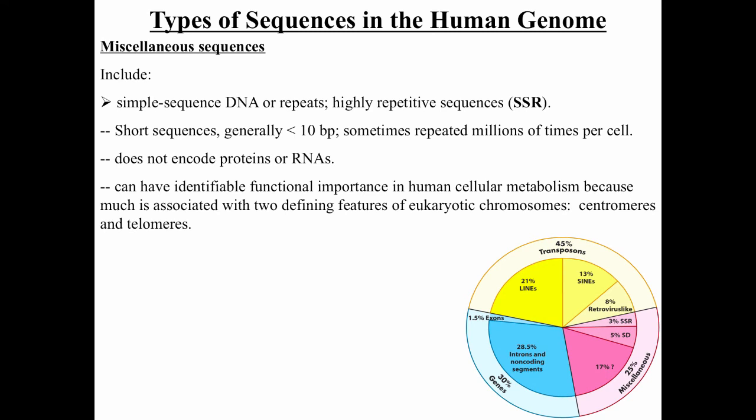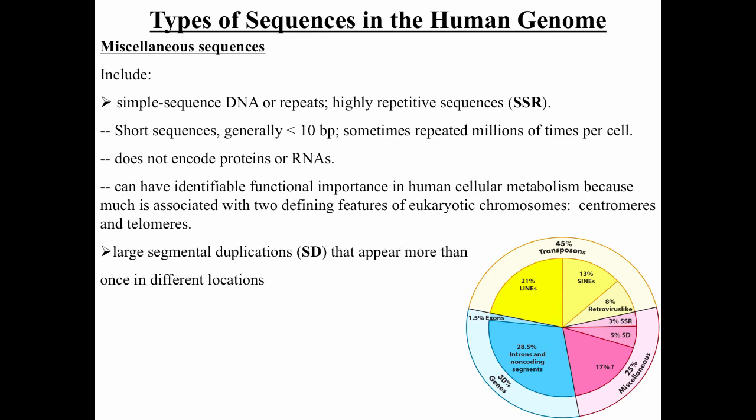Those are repetitive sequences. They don't encode proteins or RNAs, and they actually have a functional importance. They're associated with centromeres and telomeres. And then there are also large segmental duplications.